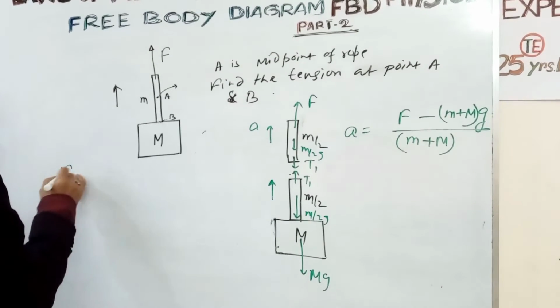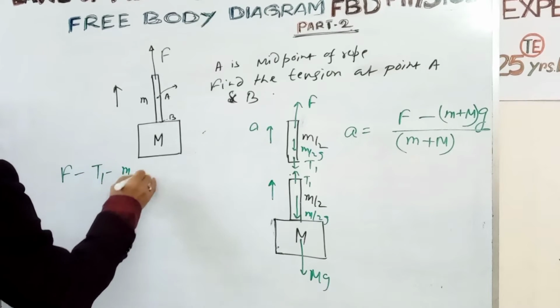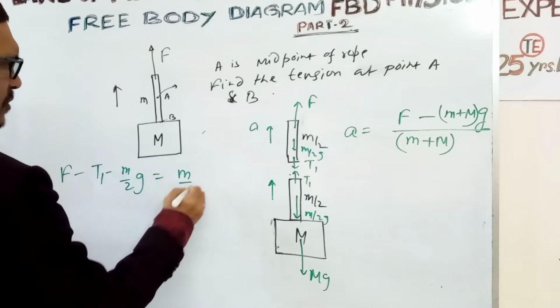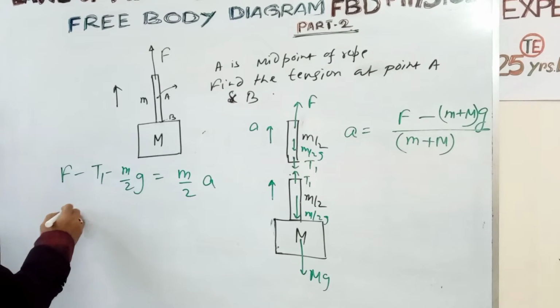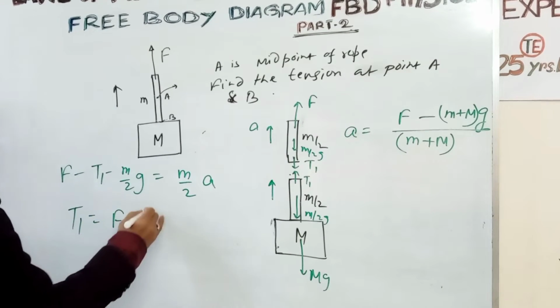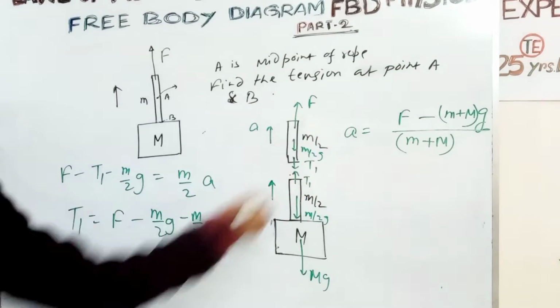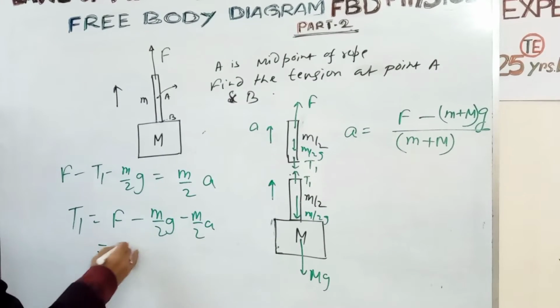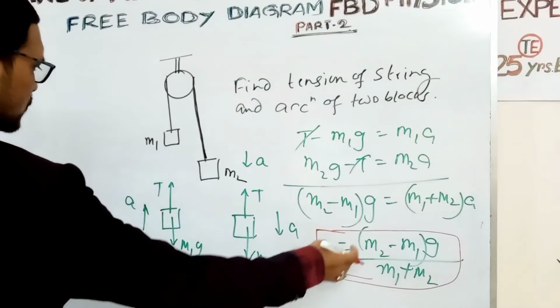F vertically upward and T1 minus m by 2 g equal to m by 2 into a. So this is the equation of motion of this upper part. So T1 equals F minus m by 2 g minus m by 2 a. Now put the acceleration in, so this is the answer. This is the resultant acceleration of the two blocks.